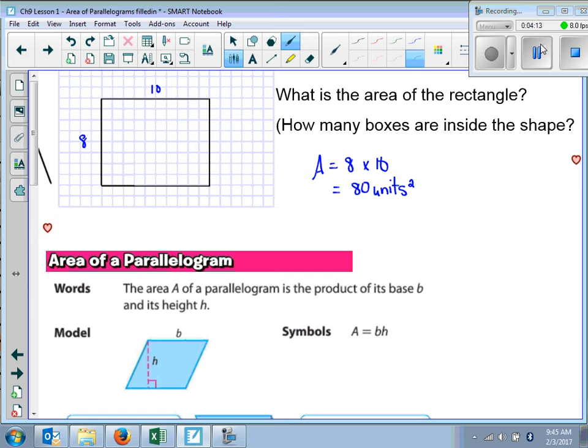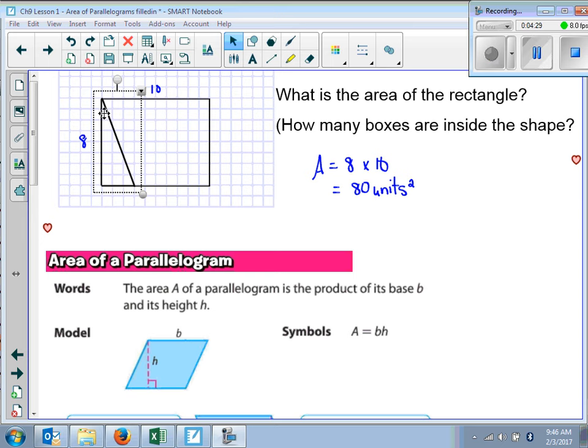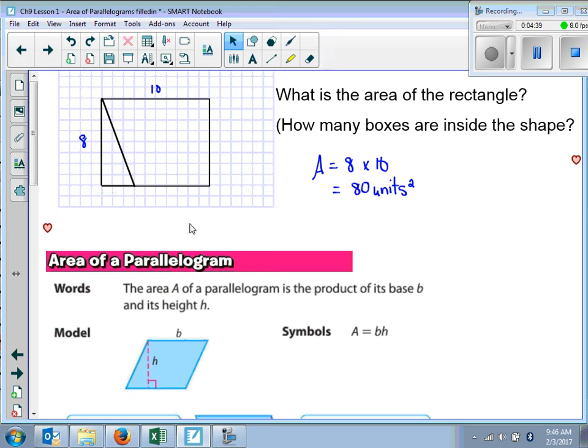Now, let's move some stuff around here a little bit because we want to see how the area of a rectangle is related to the area of a parallelogram. Okay, so let's say I put a triangle over here, and I'm going to cut this piece off right here, and I'm going to move it to the other side.